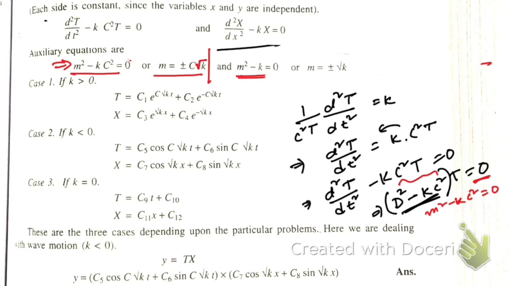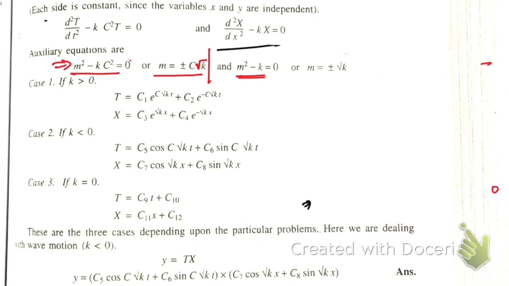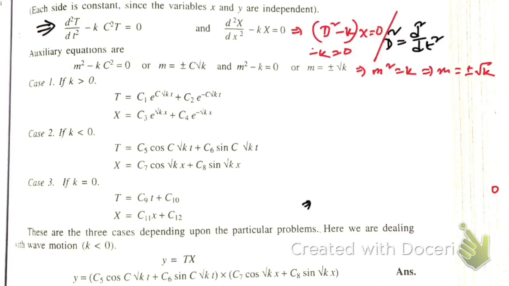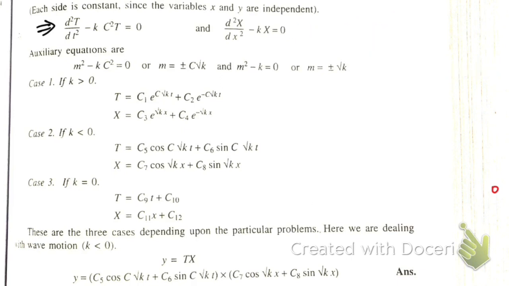So I have written here. Let me clean these things, just wait. Here you see, from both auxiliary equations we have got real and distinct roots. In the solution of the first auxiliary equation, we have got both roots, m1 not equal to m2.